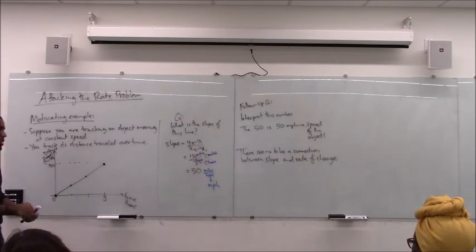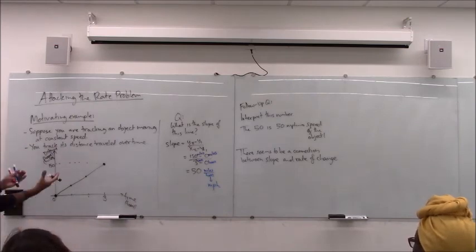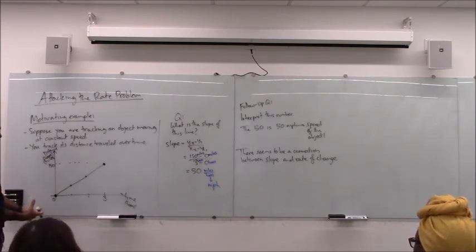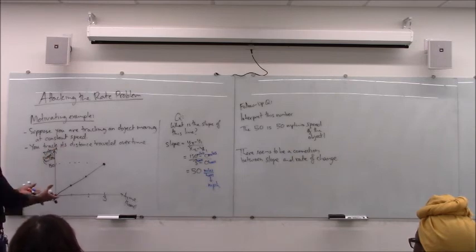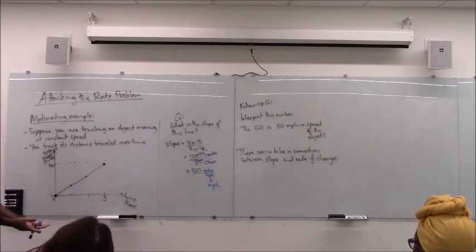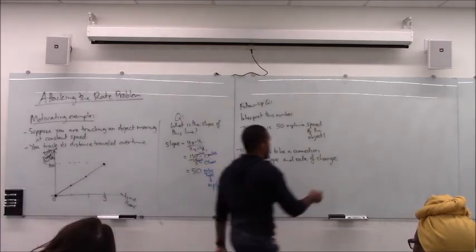And so that's where the wheels started turning, right? In a very simplistic case, like very few things are gonna move this steady. But if it did, the slope is actually gonna tell me how fast the thing is traveling. And so now there's another follow-up question.